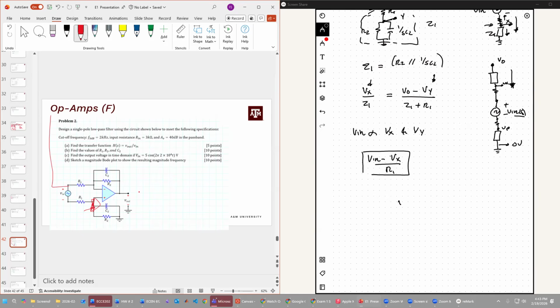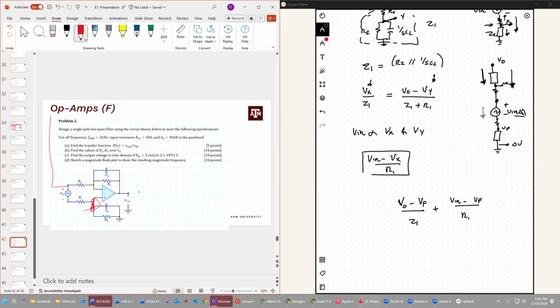Oh, I see what you're saying. All the current summing into each of the nodes. Okay. But you're starting from Vp. Okay, I see what you're saying. Yeah. That makes sense. Yes. That's a lot easier. If we do V0 minus Vp over Z1 plus the current into this branch, which would be Vn minus Vp over R1.